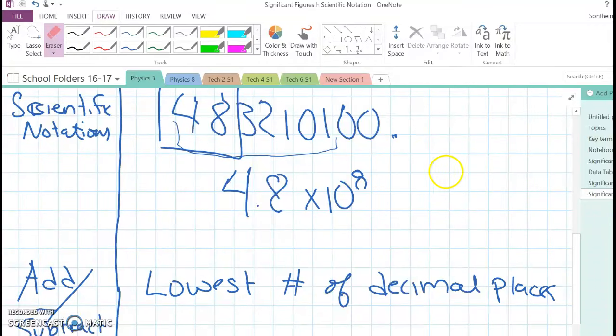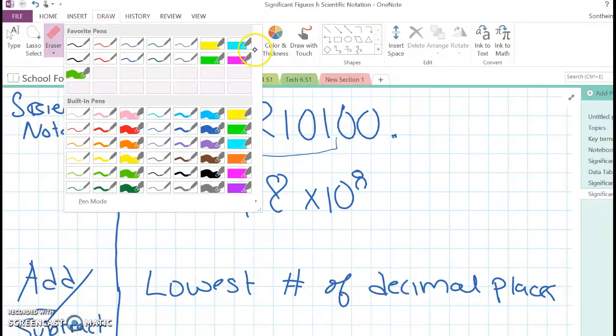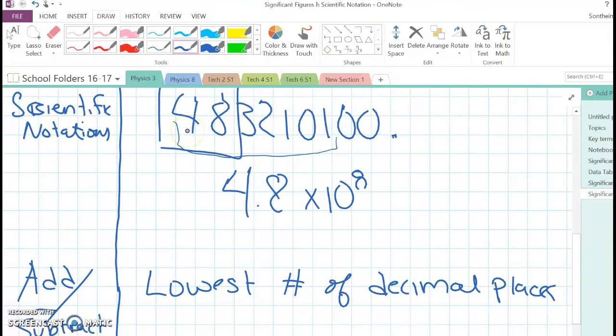It should read 4.832101 times 10 to the 8th. Patience with me please, I did not teach this last year. Why is it 10 to the 8th?